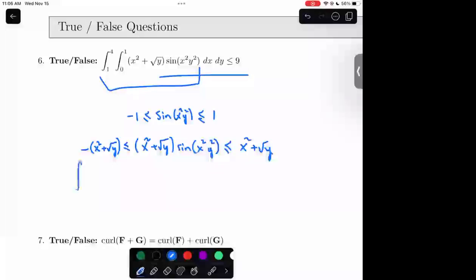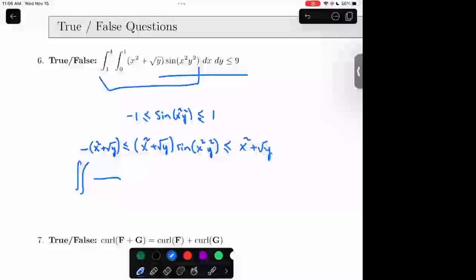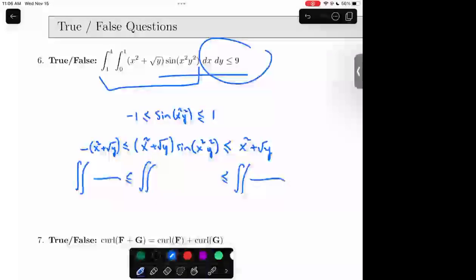That is, if you do a double integral on all 3 sides, it doesn't break your inequalities. So at this point, we're only interested in this thing larger than our function here, this x squared plus root y times sine of x squared y squared.